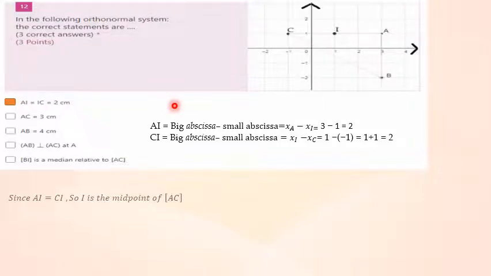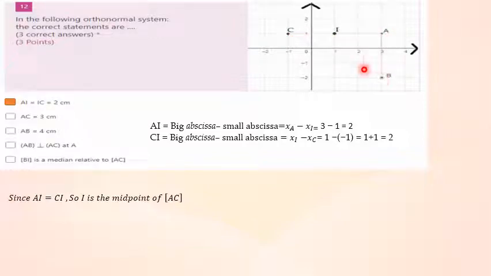Let's check the others. AB perpendicular to AC at A and BI is a median relative to AC. Here, we said that AI equal to IC proved in the first part. So clearly I is the midpoint of AC.